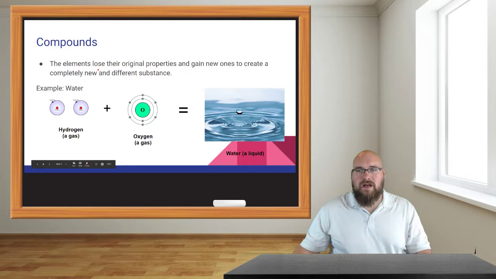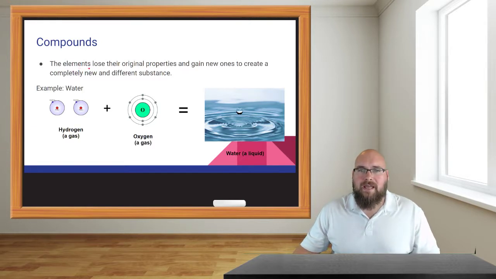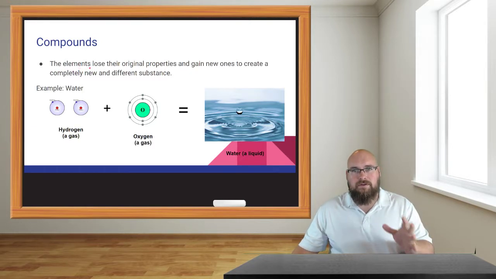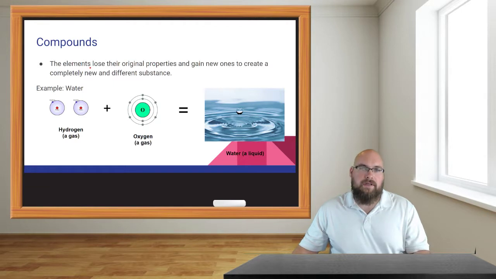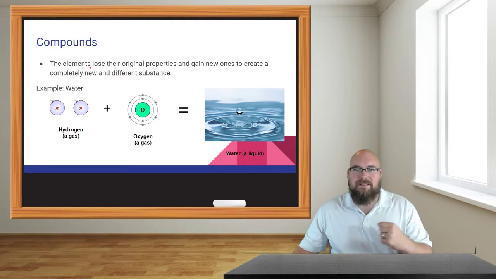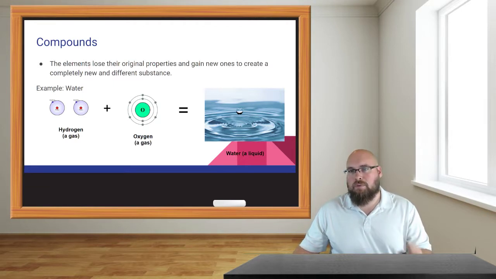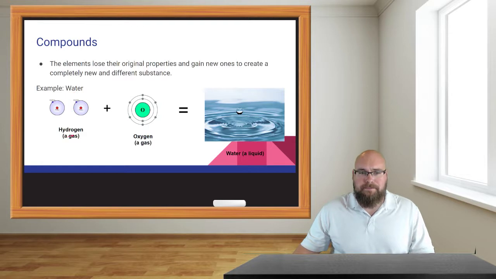So let's look at compounds a little bit more. Elements come together to form compounds. Well, when the elements come together, they lose their original properties and gain new ones once they have created that compound. For example, hydrogen gas: hydrogen is a single proton, single electron, and exists in gas form in its natural state.